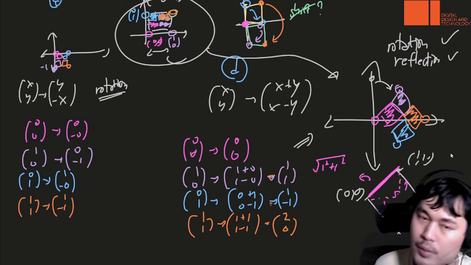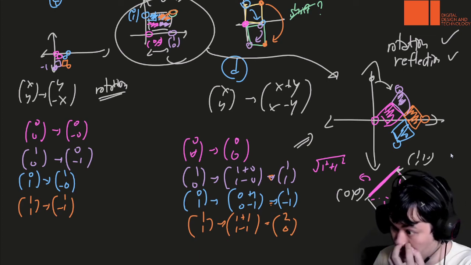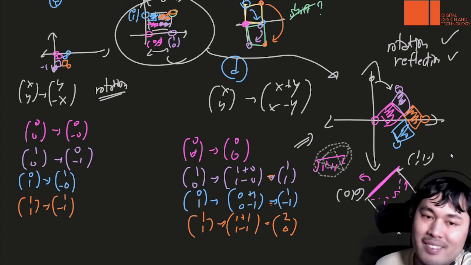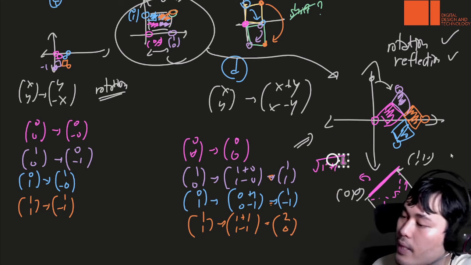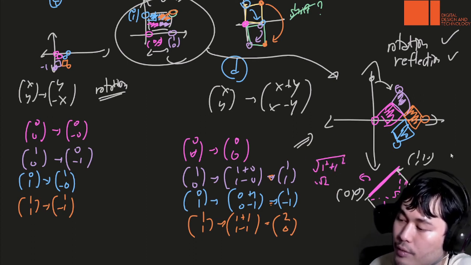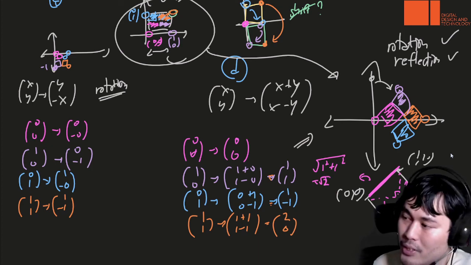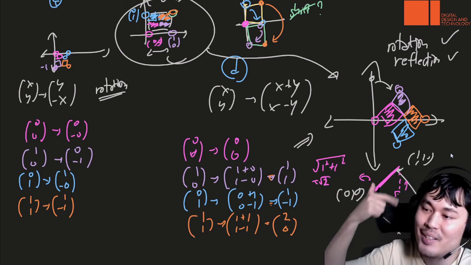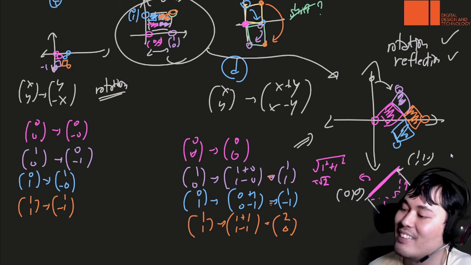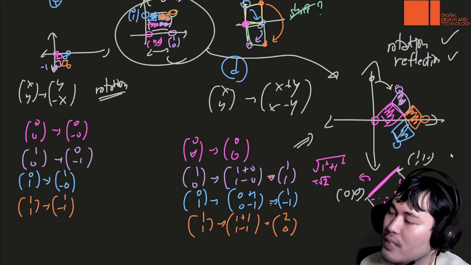This is 1, this is 1. So the hypotenuse on the diagonal has length square root of 2. So indeed we rotate, we reflect, and it turns out that we are also scaling, or dilating.